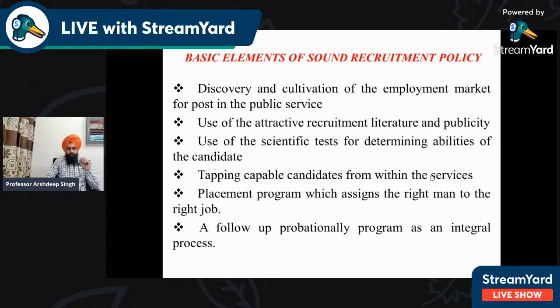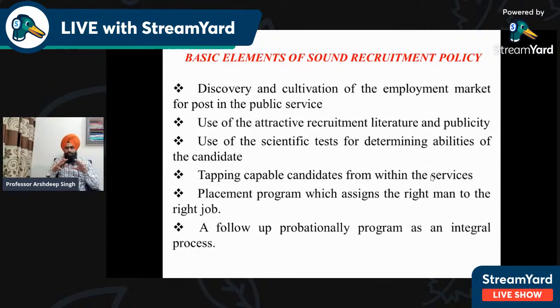And next is the use of scientific tests for determining abilities of the candidate. So it is obvious that if an organization is going to recruit you, nowadays each and every department conducts a written test to check the knowledge and the abilities, or if the work is practical, they will conduct a test related to the practical work, to see at which level you can perform different things.